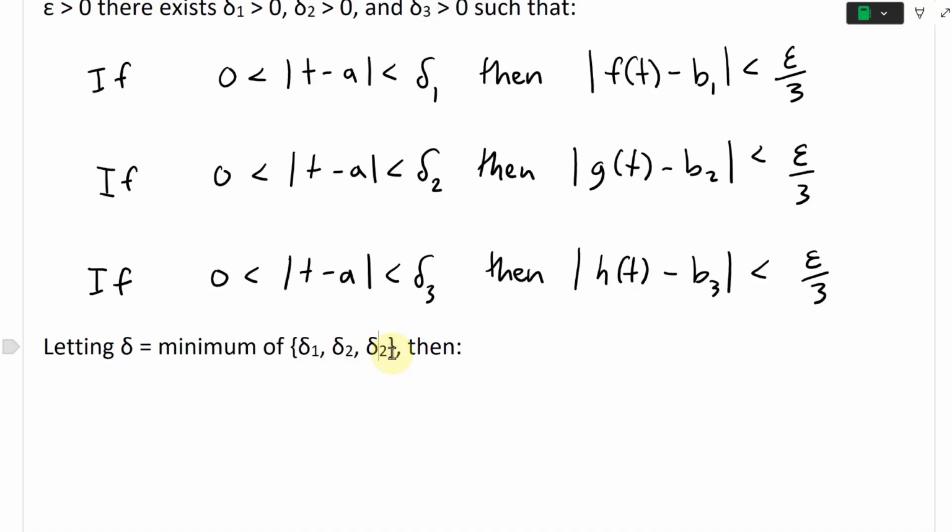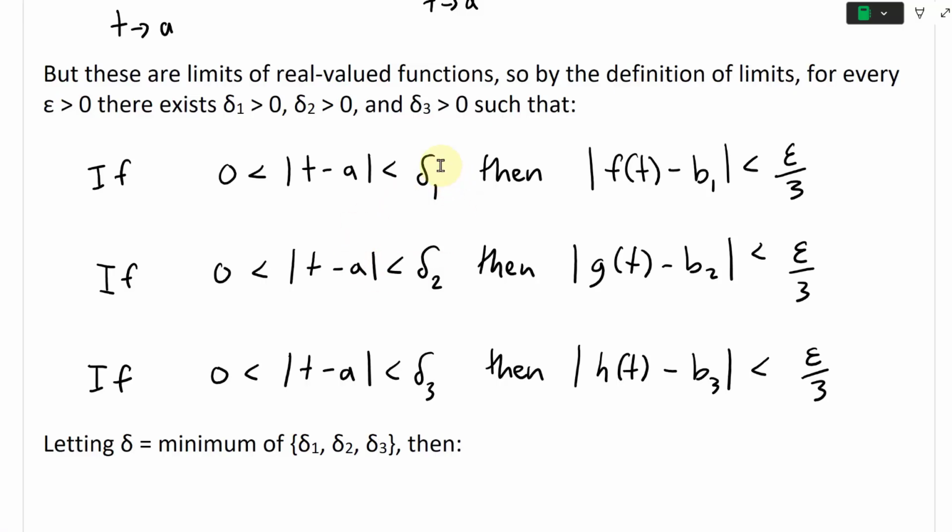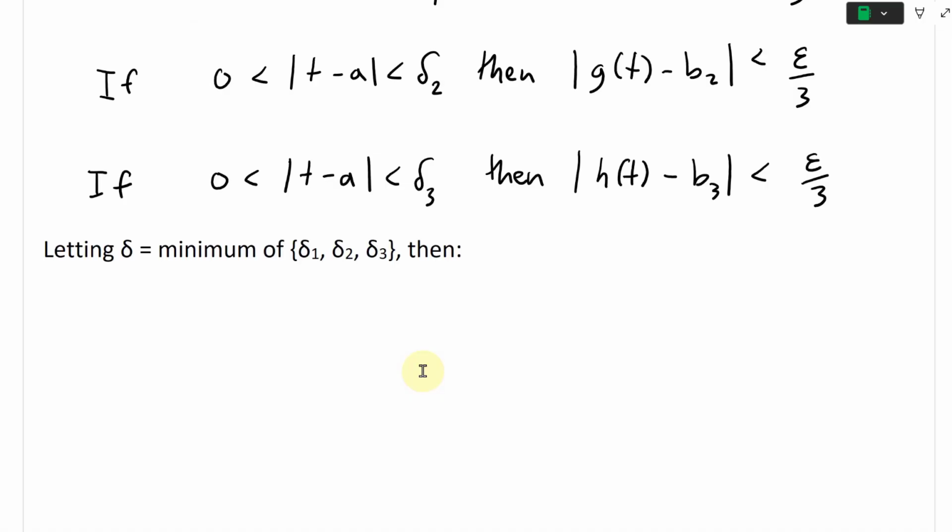These could be any numbers, but we'll just deal with the minimum. If it's the minimum, then that fits every requirement. For example, if this is the minimum, then this will still be less than delta 1, delta 3. So these will all fit.